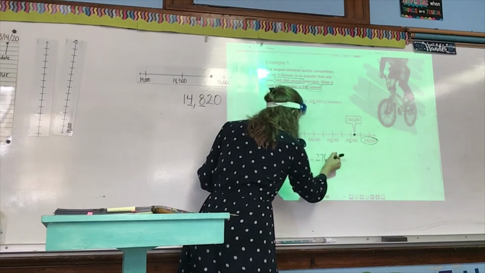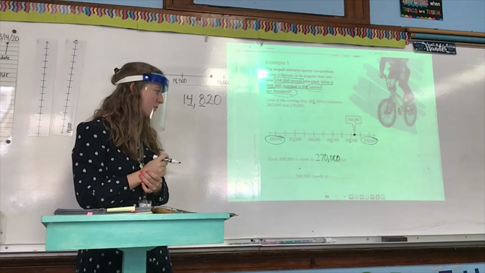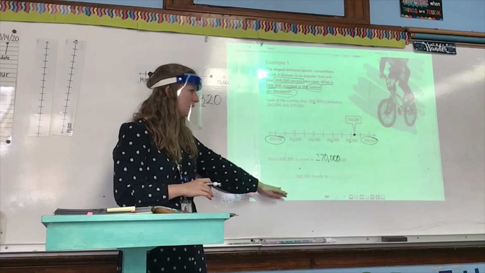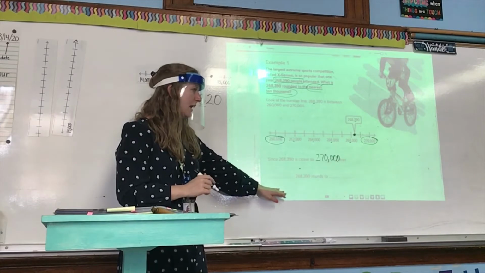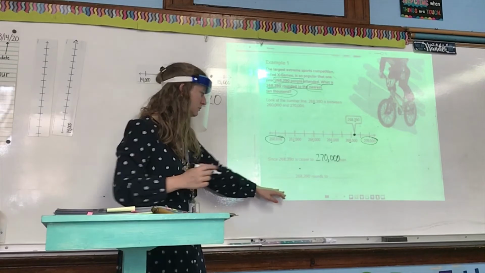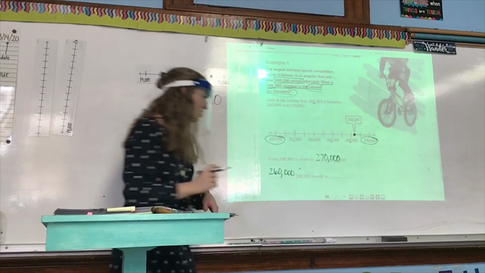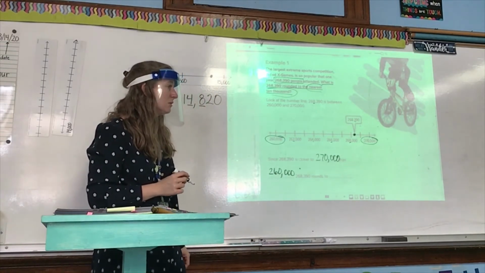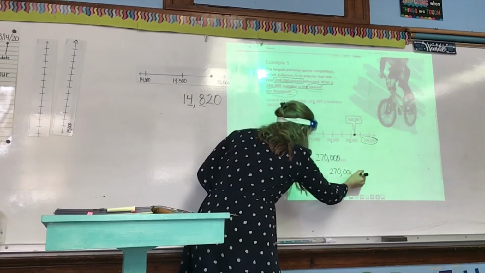Have confidence. 270,000. So since 268,390 is closer to 270,000, then what? What's the other one we were looking at that it's not closer to? 260,000. 268,390 rounds to 270,000.